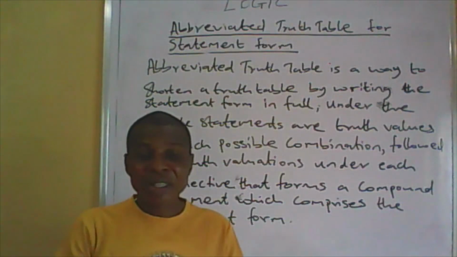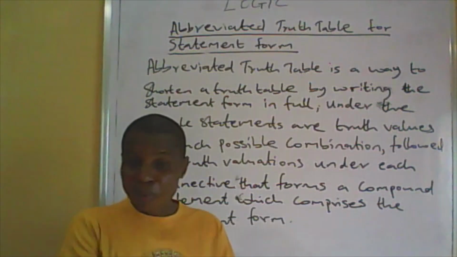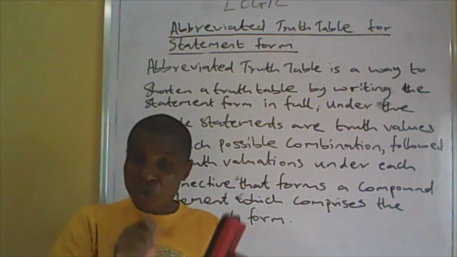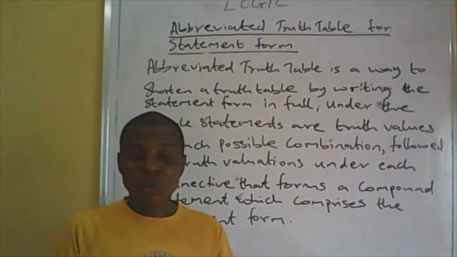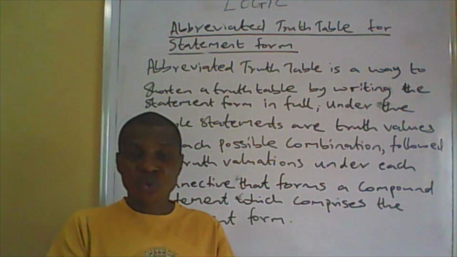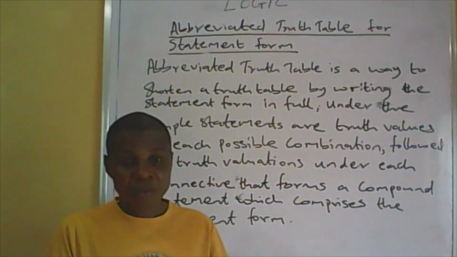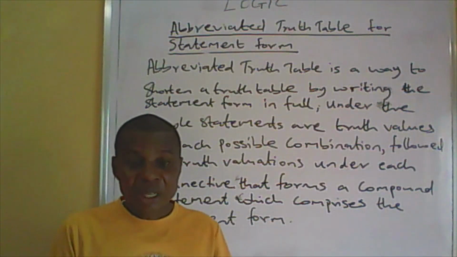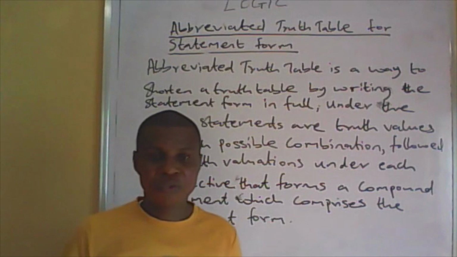Then under the simple statements that constitute the statement form, we are going to write all the whole truth values for each combination of the simple statements that constitute the statement form.